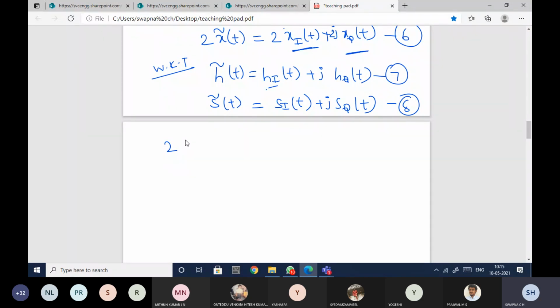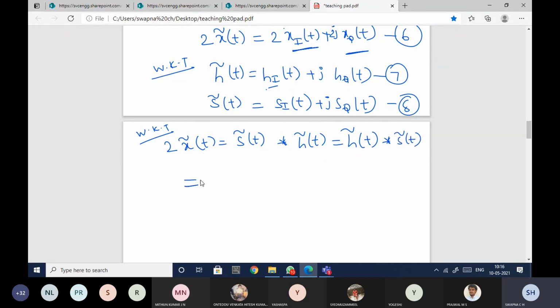From the previous expressions we know that 2x tilde of t is s tilde of t convolution with h tilde of t, or, since it satisfies the commutative property, h tilde of t convolution with s tilde of t.